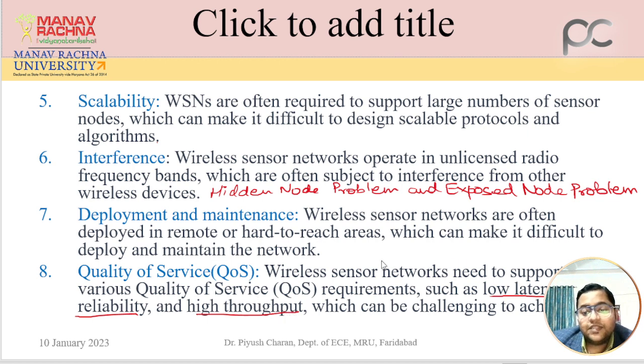That means if I send 100 packets and I receive 100 packets on the receiver side, then the efficiency of the system is 100%. Otherwise, it is a challenging task. In percentage, it should be 100%. However, in practicality it is not achievable, but it should be at least 80% and above, so that you can have meaningful data.